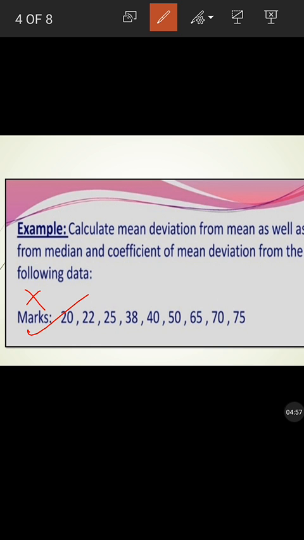So x is equal to 20, 22, 25, 38, 40, 50, 65, 70, 75. This is the question that I have given you. Let us see the calculation. We have been asked to calculate mean deviation from mean and also from the median, so we are going to calculate both separately.